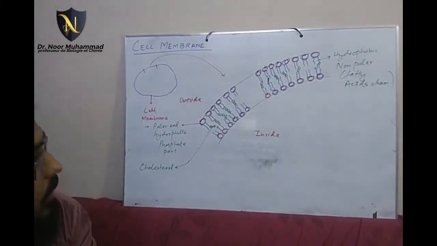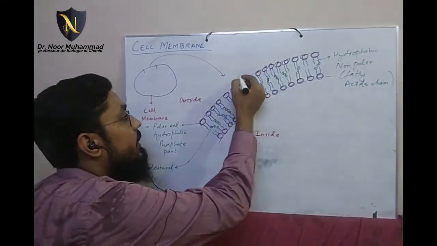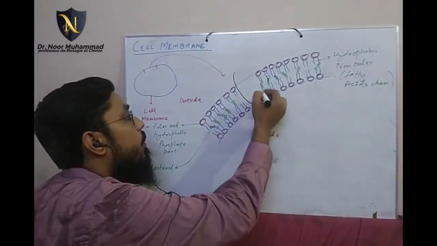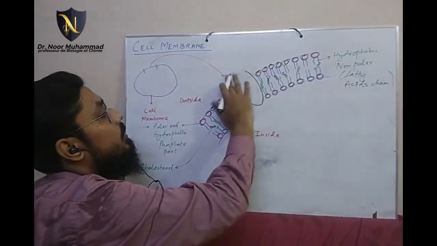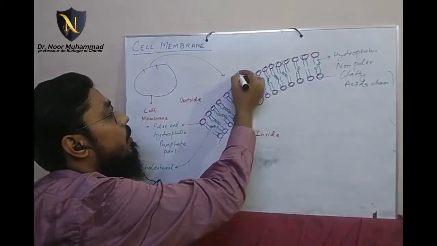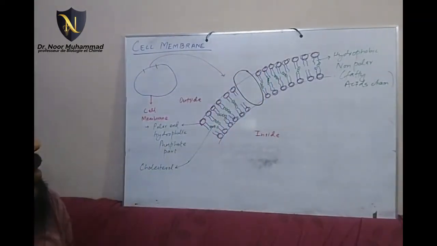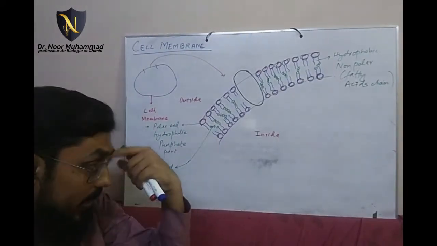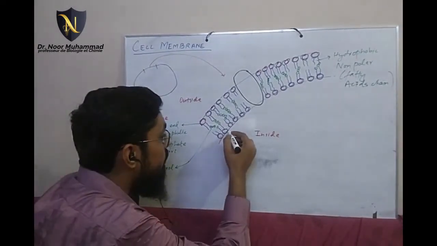And on the same side एक और बहुत इंपॉर्टेंट चीज आपने पढ़ी थी, and that was protein molecules, जो कि हमने कहा था दो तरह के हैं, and I should show you both of them.